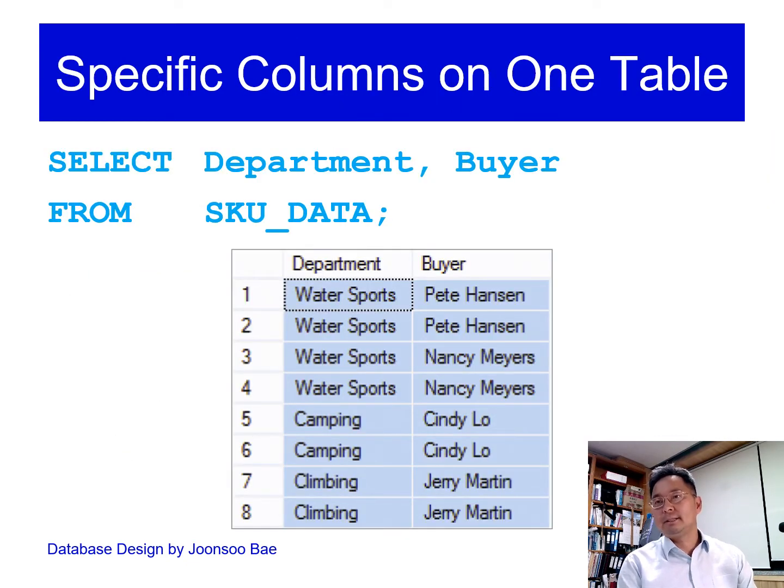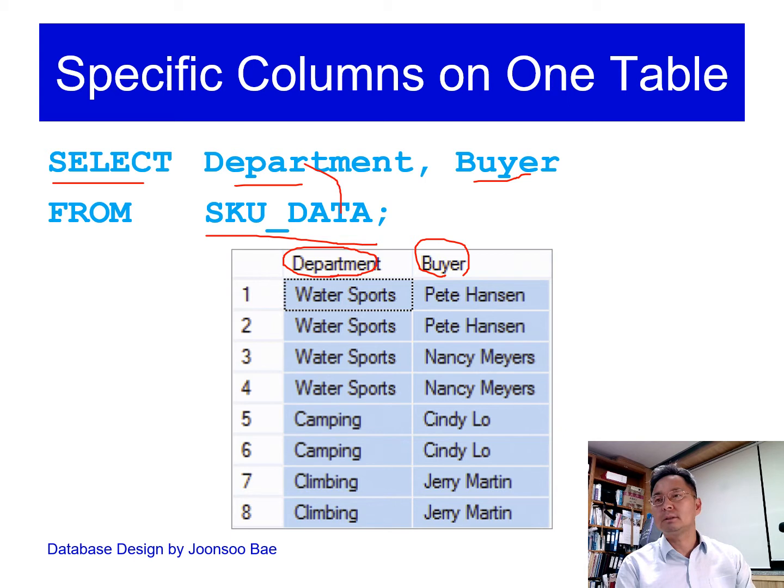This is a first example of a SQL statement, a select statement. Select department, comma, buyer from SKU data. So department and buyer are column names in these tables. SKU data is the table name. If you run this SQL statement, we can get the result as these tables: department and buyer columns.